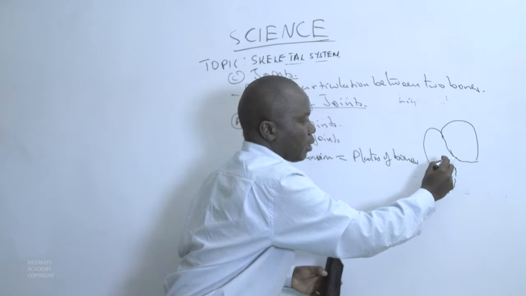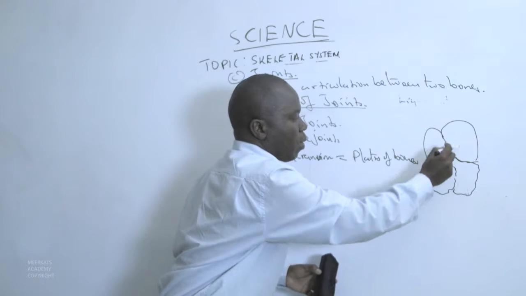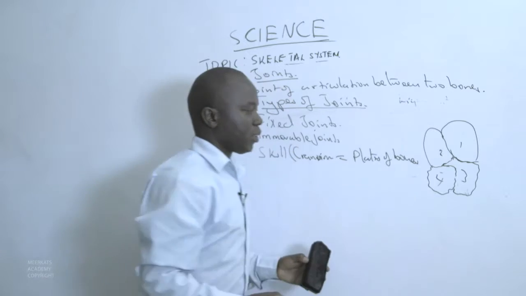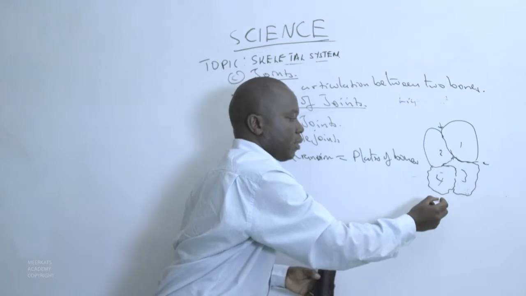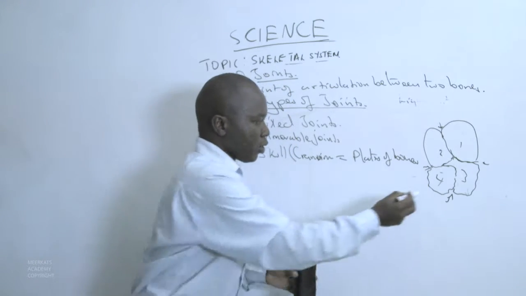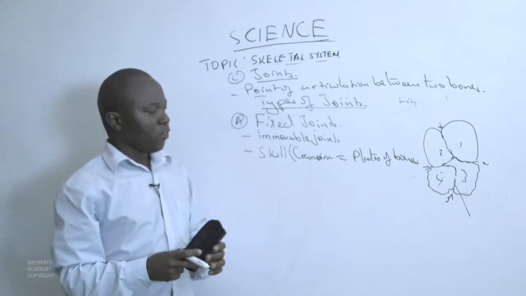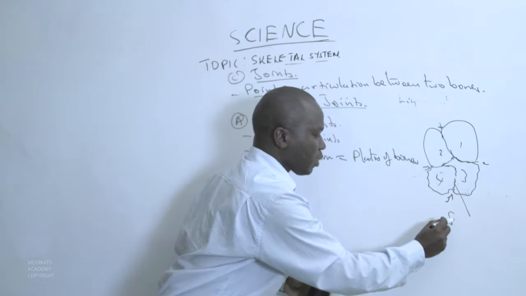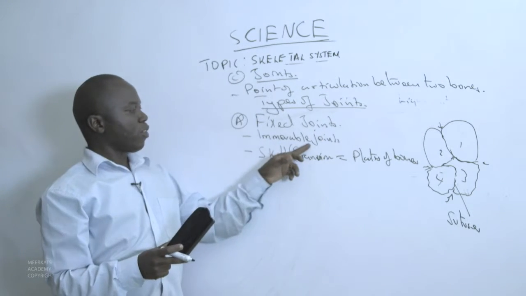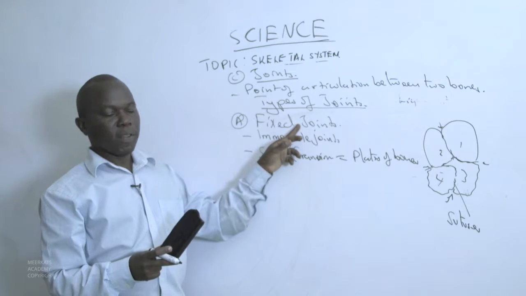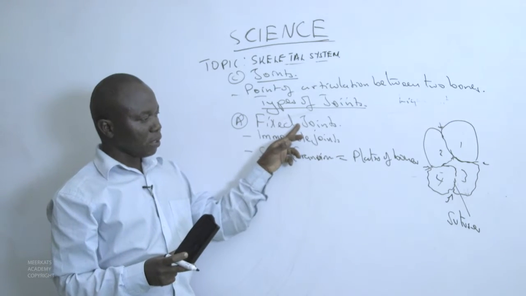Maybe something like that. So 1, 2, 3, 4 bones. But there's a joint here at that point. So that kind of a joint, we were able to give it a name. We call it sutures. It is an example of an immovable joint or a fixed joint.